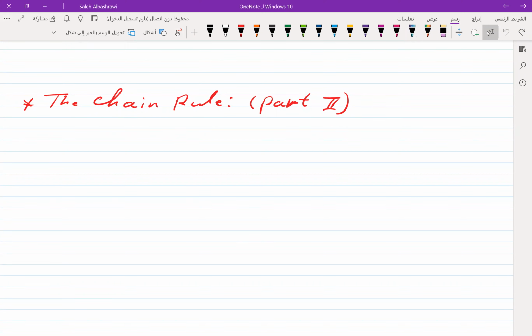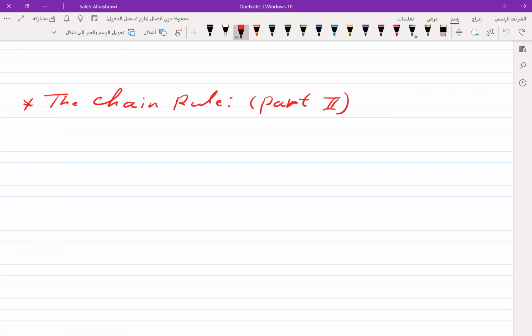We are still in this topic, which is the chain rule of differentiation. In the last part we gave some examples about the chain rule, and we said that the chain rule is just the derivative of composite functions. We are differentiating a composition of two functions.